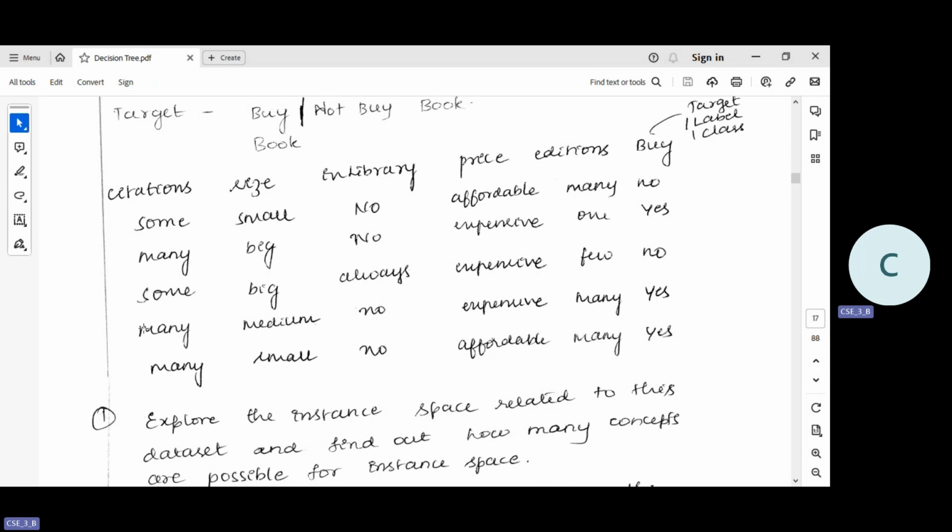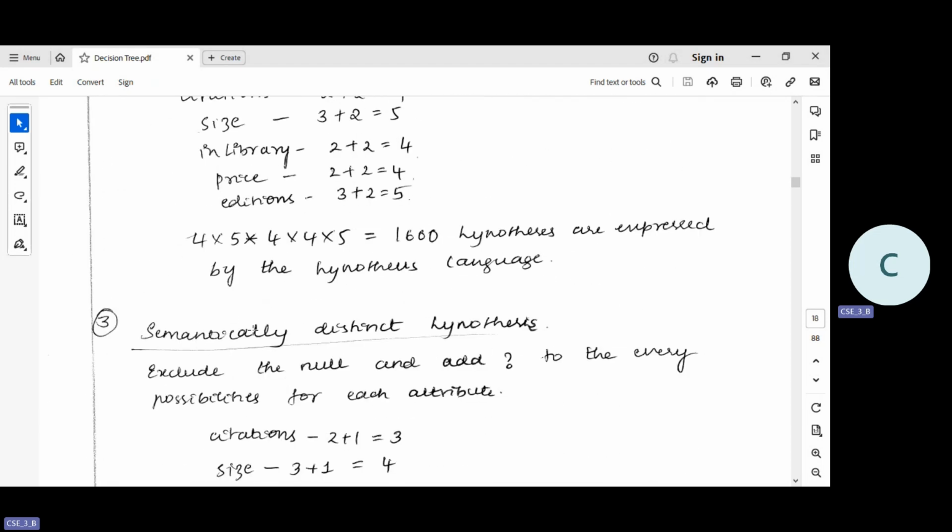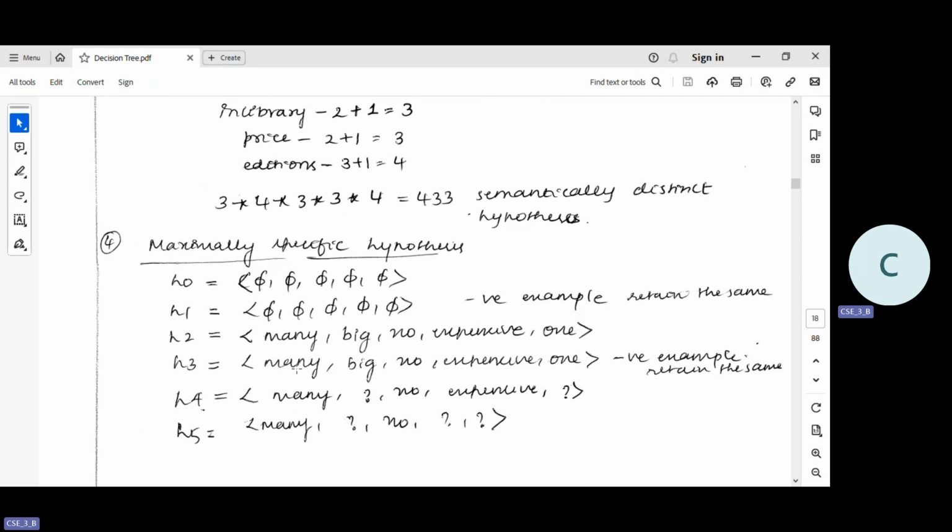Now we have to do the comparison. We can see here many, medium, and no. Let us take the comparison. Many is matched, and then we can see here there is big, and in the data set we have medium.